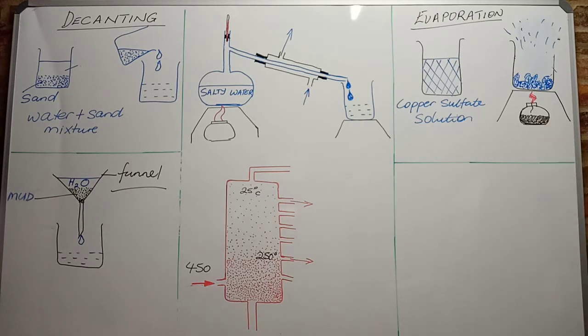An open flame like this one will not be able to boil the copper sulfate. So the copper sulfate crystals will remain in the beaker while the water will be boiled out. This method of separation is called evaporation.